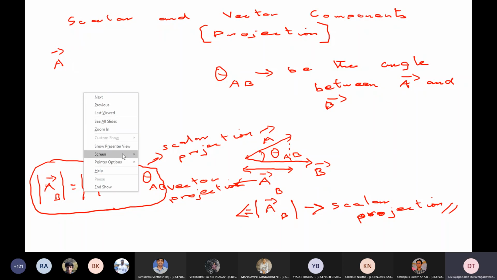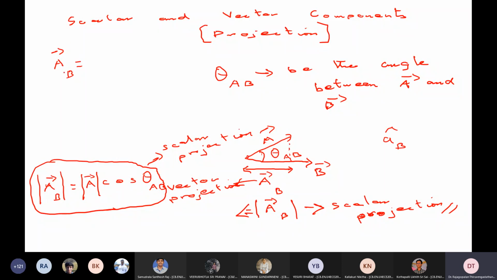The vector projection is a vector projected onto this vector, so the projected vector is along B. The unit vector along B is B hat.